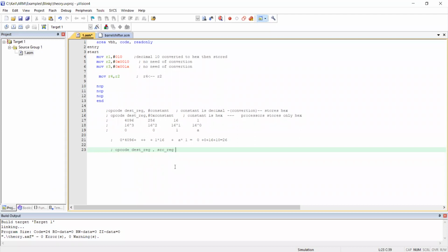If you don't have a value, then source register. So now the question, am I right with the hash? Hash for source? No, because hash is allowed only when I have a constant. If there is no constant, there is no need to use it.